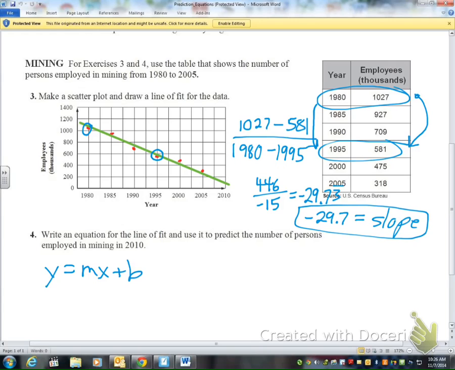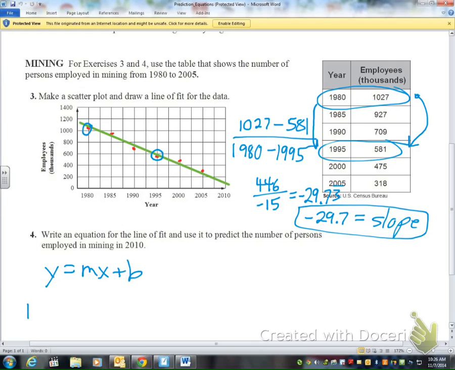Now remember, if you preferred doing point slope form, y minus y1 equals m times x minus x1, you can do that here as well. You'll get the same thing. But I'm going to do it this way. So my y value, again, I want to use one of these 2 points because they're the ones that are closest to being on the line. So I'm going to use the first one, say.